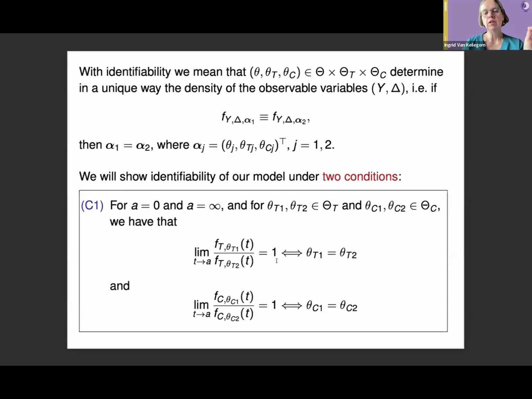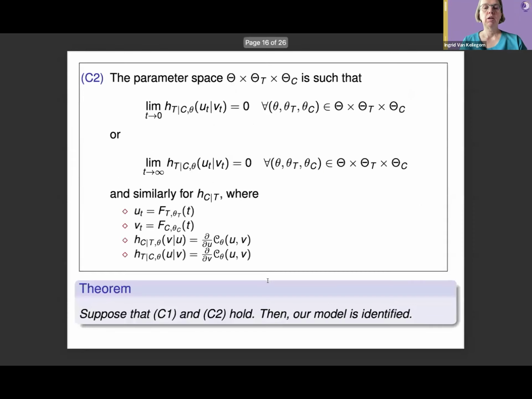And if that limit is equal to 1, then it should imply that the parameters are the same. That's the condition that we impose on our parametric families for T and C. We check that condition for specific parametric families like the Weibull, the exponential, the log normal, the log logistic, and each time it turned out to be valid. So this is not that a severe condition.